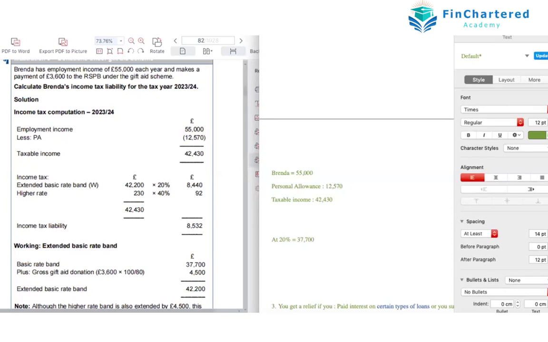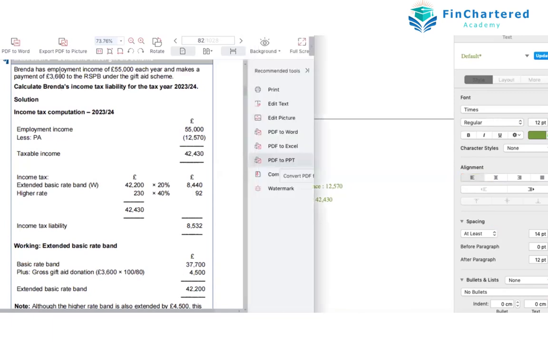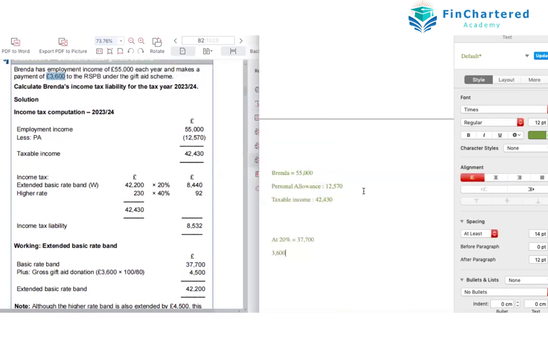Whatever your donation amount is, here 3,600 in this case, you basically take 100 divided by 80. So 3,600 into 100 divided by 80 will be 4,500. So 4,500 will be the additional amount that will now be taxed at 20%.